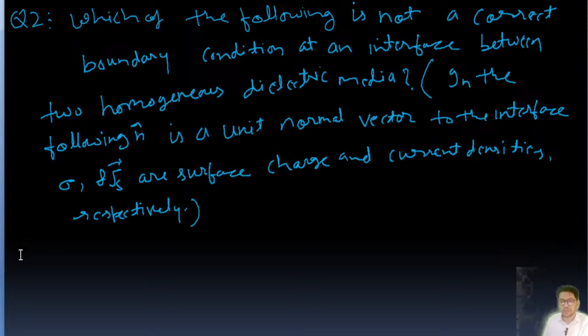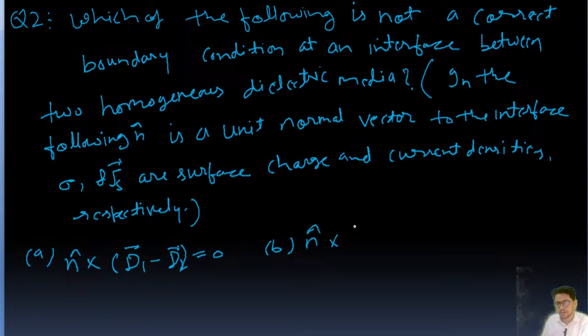Okay, and options are: option A is n cap cross d1 minus d2, okay, equal to 0, and option B is n cap cross h1 minus h2 vector equal to Js.